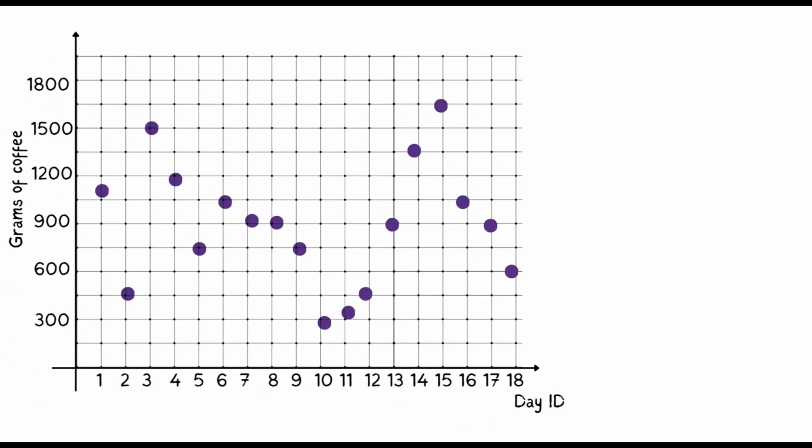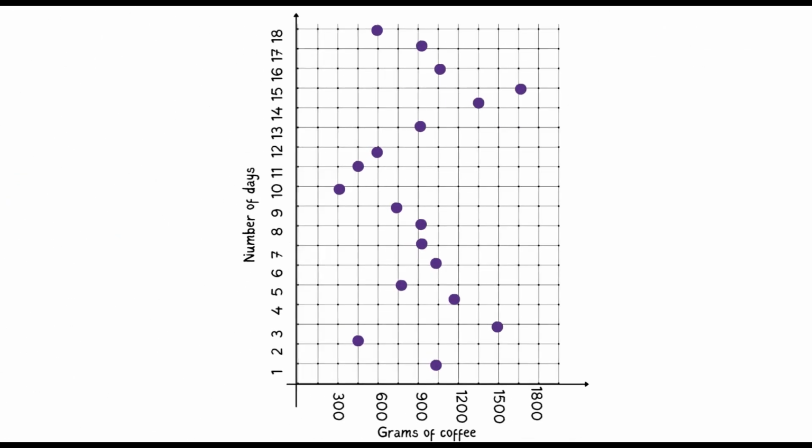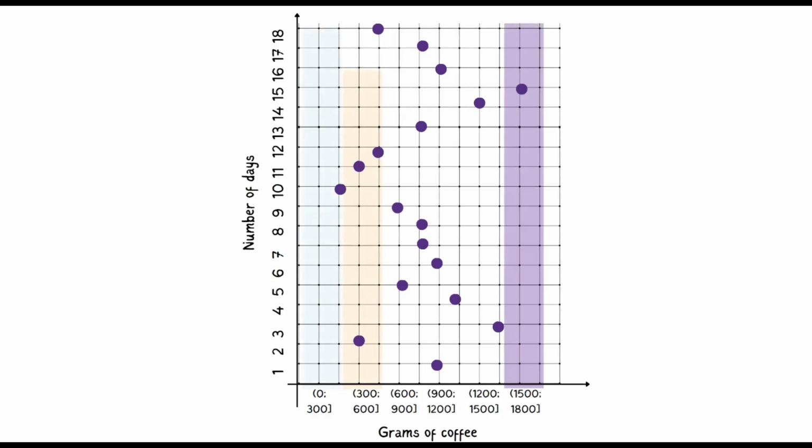For intuition purposes, I'm just flipping the initial plot such that the quantities are now on the horizontal axis. On the vertical axis, we still have the day ID, but this will change to represent the frequency, or the number of times a value occurs. Instead of looking at individual values, histograms group values together.